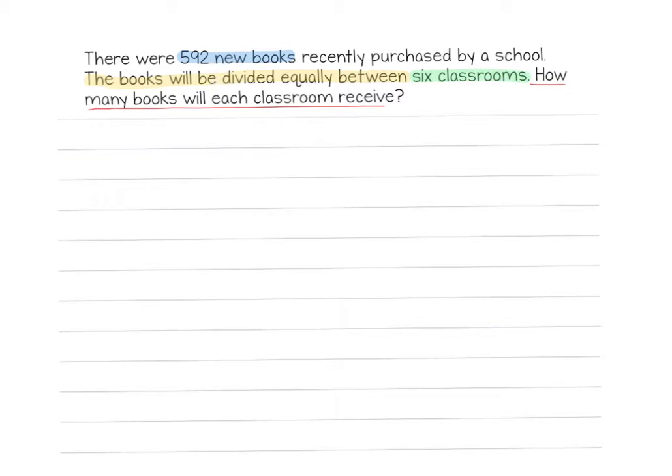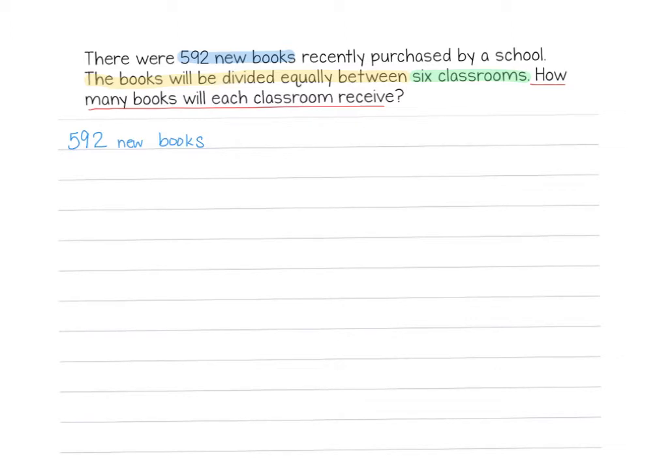So go ahead and write the equation represented by this problem on your first line on your paper. Pause the video. So we have 592 what? New books.